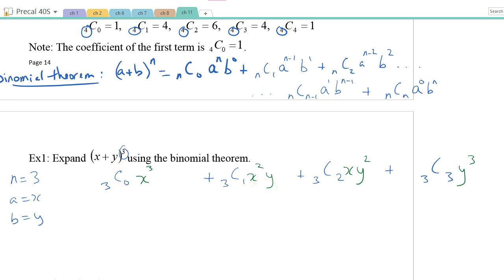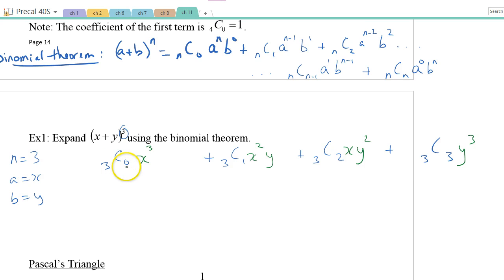Now the only thing left for us to do is substituting these values. Well, first of all, anything taken 0 at a time is going to be equal to 1. So I'll say 1 x cubed plus 3 things taken 1 at a time. That's going to be equal to 3. 3 things taken 2 at a time. That will also be 3.